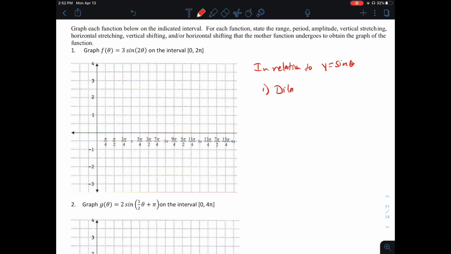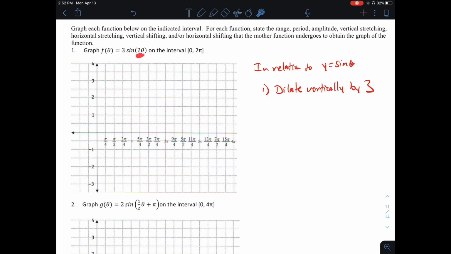We're going to dilate vertically by 3. What that means is if the parent graph looked like this, which it does, if we dilate this by 3, instead of going up to 1, we're going to go up to 3, back to 0, down to -3, and then back up to 0.